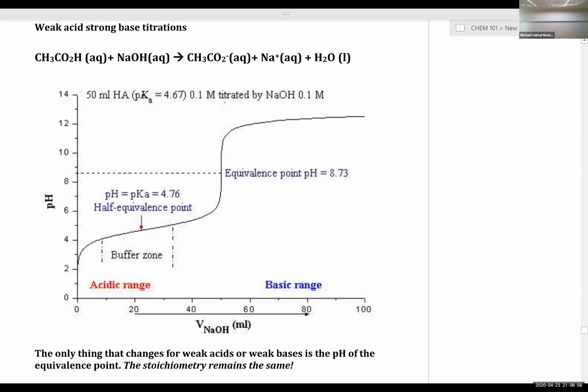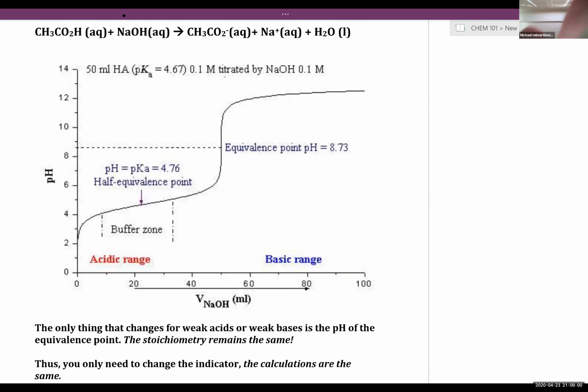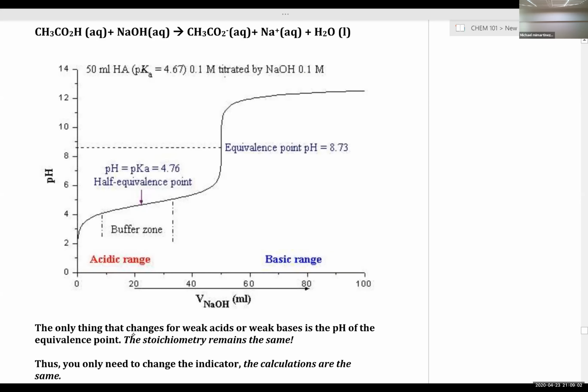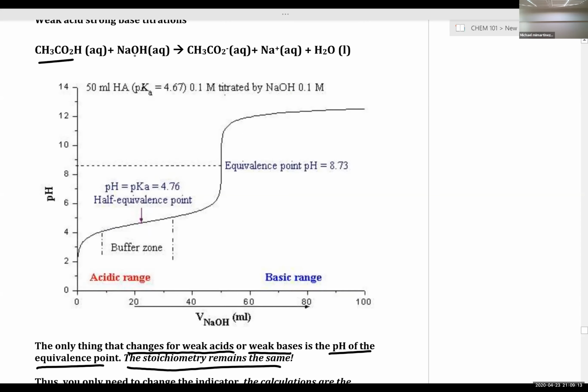So we have all this fancy data, but fundamentally, the only thing that changes for weak acids or weak bases is the pH of the equivalence point. The stoichiometry principles still remain the same. It's still a 1-to-1 ratio, or whatever ratio we choose. It doesn't matter what ratio they're present.